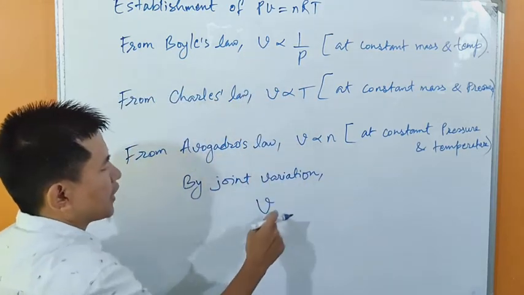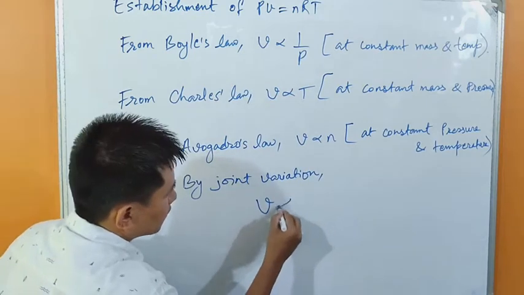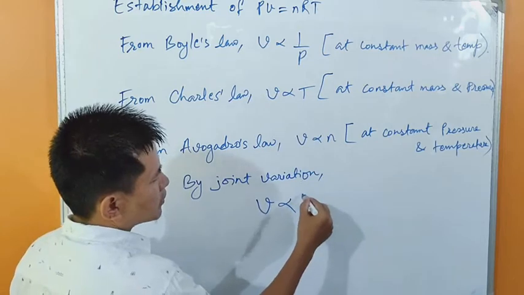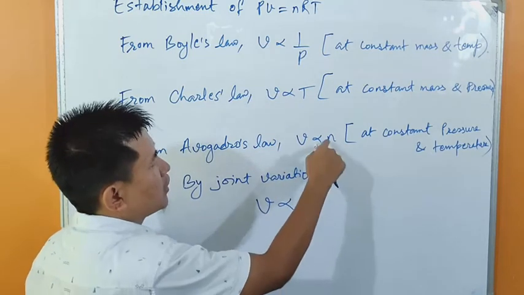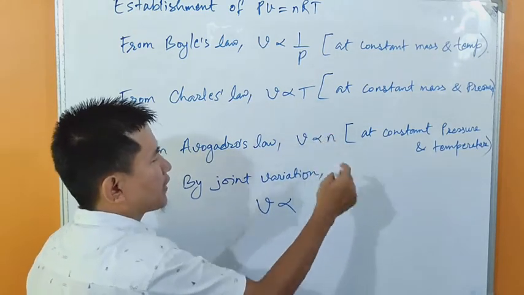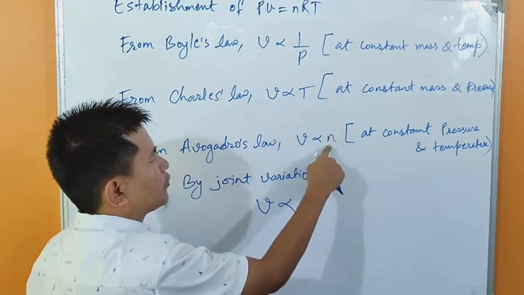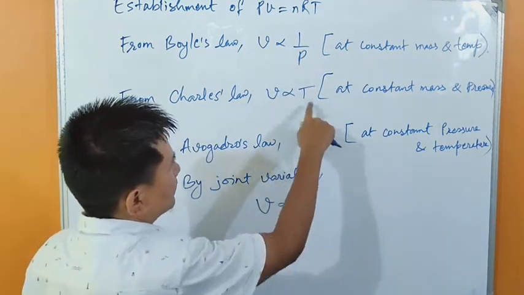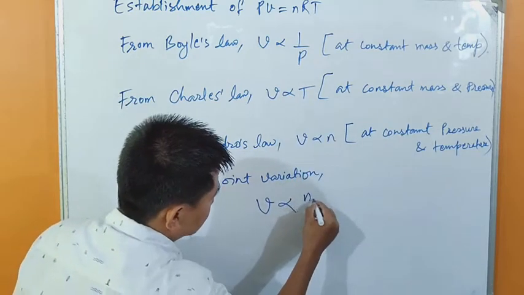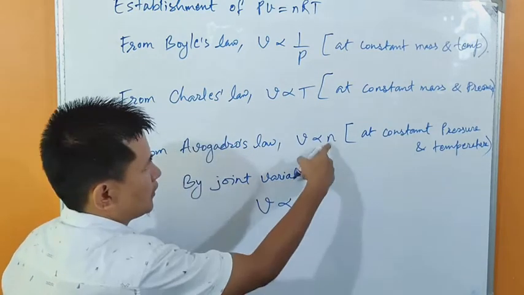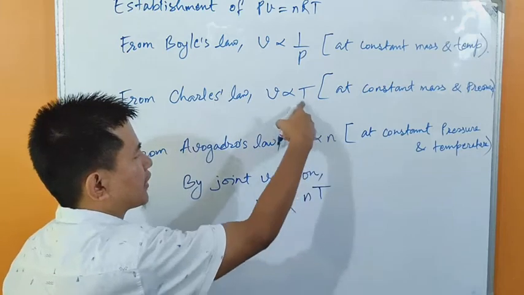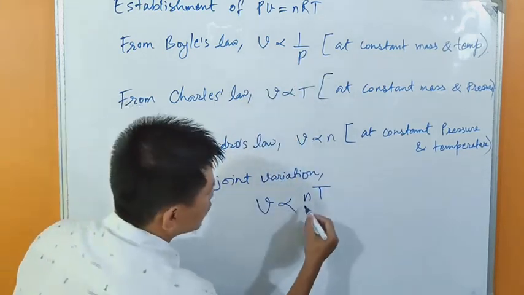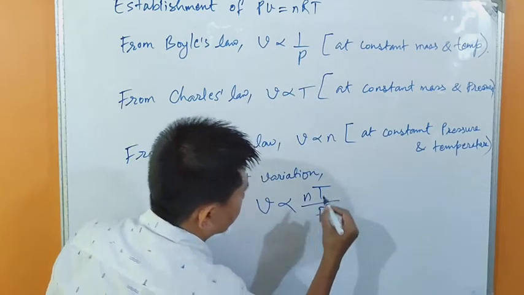V, V and V can be written as single V in proportion to. So we write the numbers which are in the numerator: N and T are written in the numerator as it is, and P is in the denominator, so we write P in the denominator.